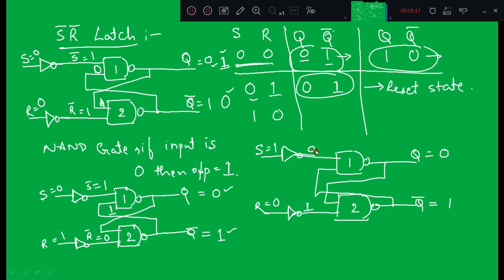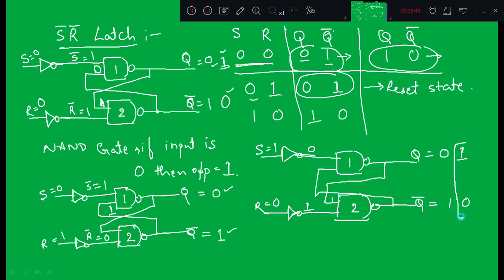Since one of the inputs of the NAND gate is 0 here, Q will be equal to 1, and this Q will act as an input for the second NAND gate. So 1 NAND 1 is equal to 0. That means for the 1 0 set state, the latch will set because S is equal to high. The truth table remains the same, only the circuit is different, because instead of a NOR gate I am using a NAND gate, right? And the last combination I will explain here itself.